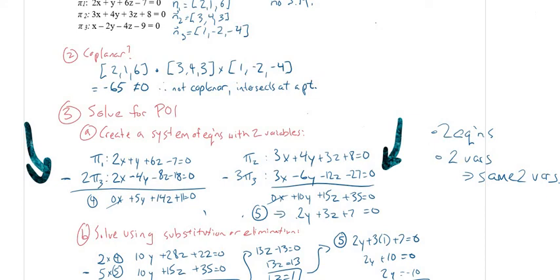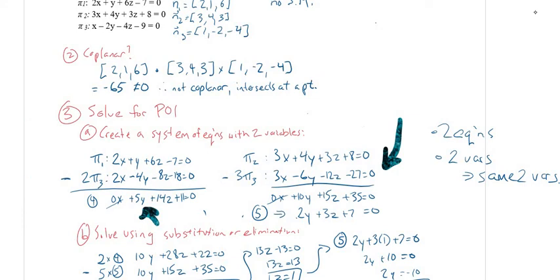We're going to use elimination to get rid of the same variable in both. For example, in part 1, with plane 1 and plane 3, I've multiplied plane 3 by 2, and then we can just subtract off the x's. So now we're left with 5y plus 14z plus 11 equals 0.